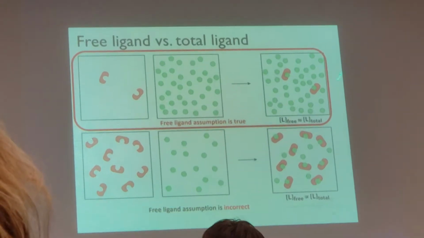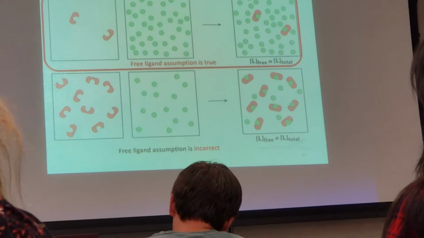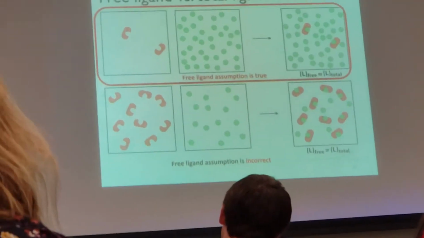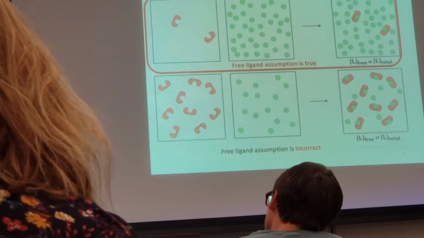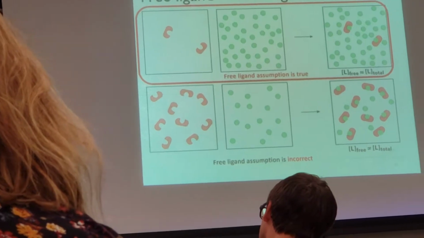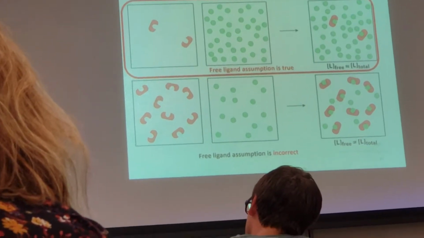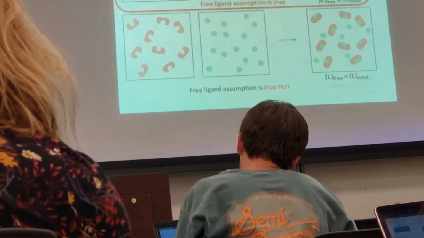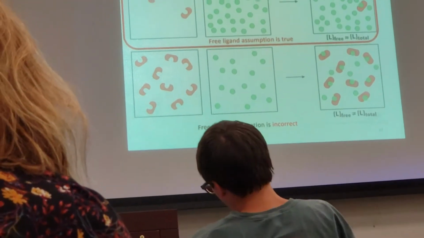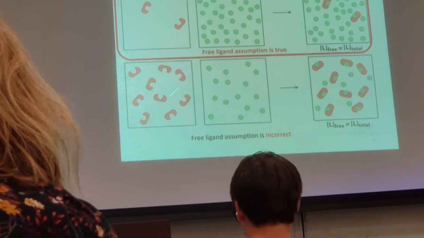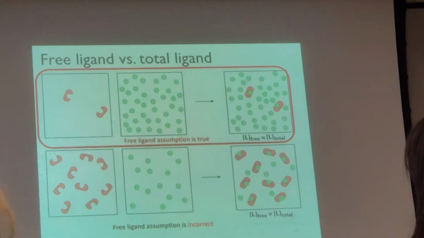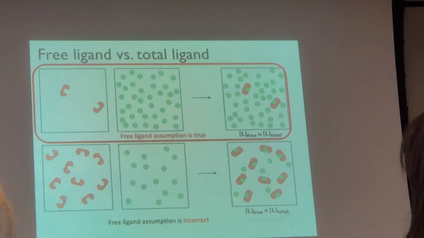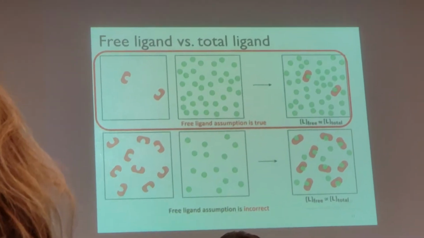Very little of it is down to a protein. So that's a situation where we can use a normal kind of analysis, no problem. Now, if it's not correct, and in this particular case of the measurement he did, it's not correct, things become more complicated. Basically things become more complicated because a lot of the ligand is now bound. And so as a result, L free is not equal to L total anymore.